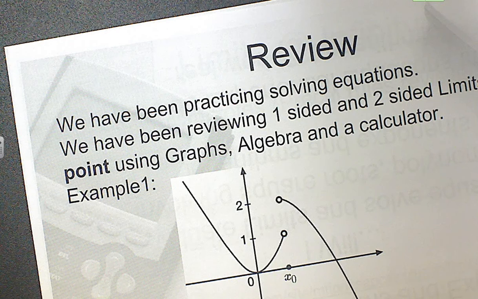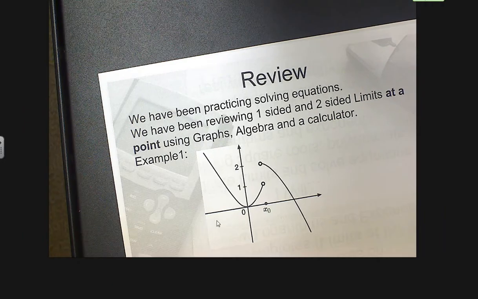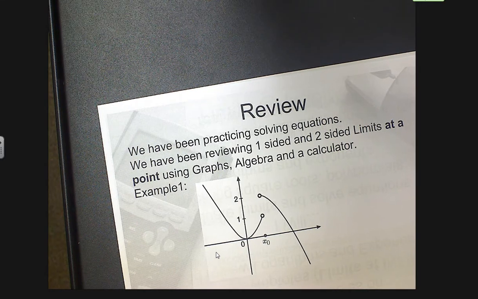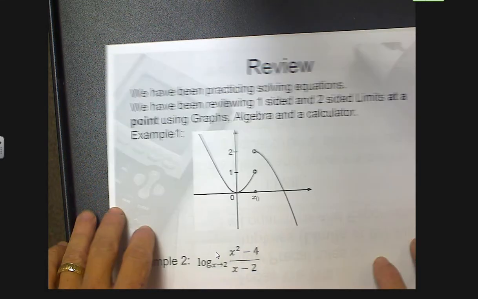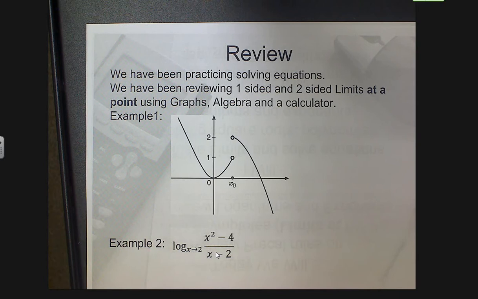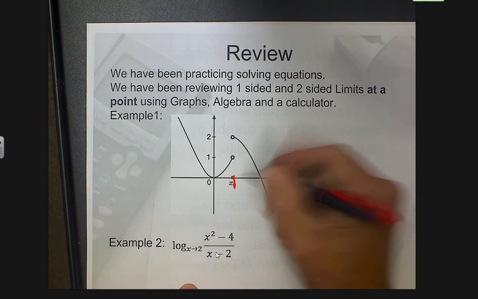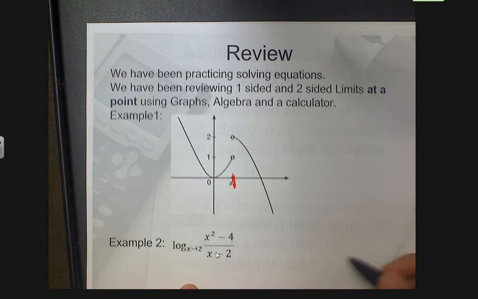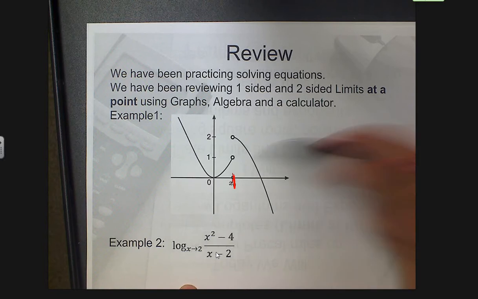All right, so we've been reviewing how to find limits at a point in time, at a particular x coordinate. So if that's an x coordinate of 1 right there, then the limit from the left of this is what?